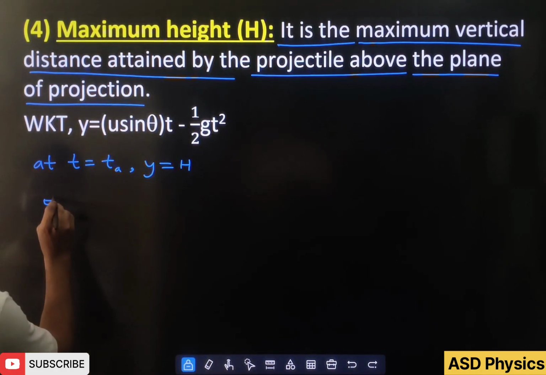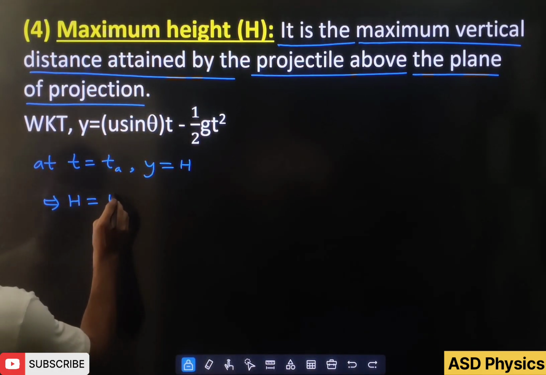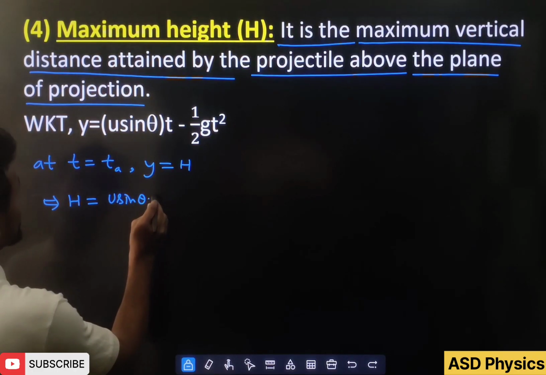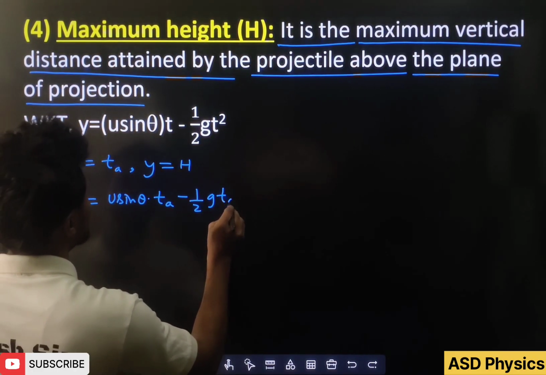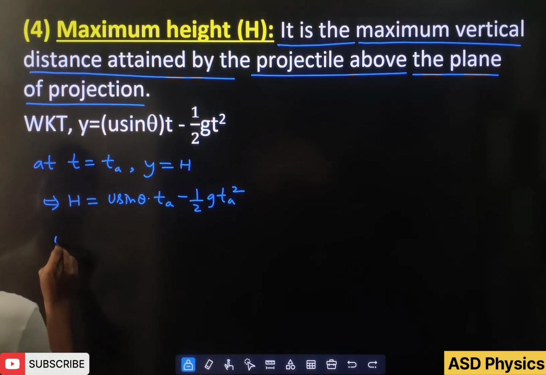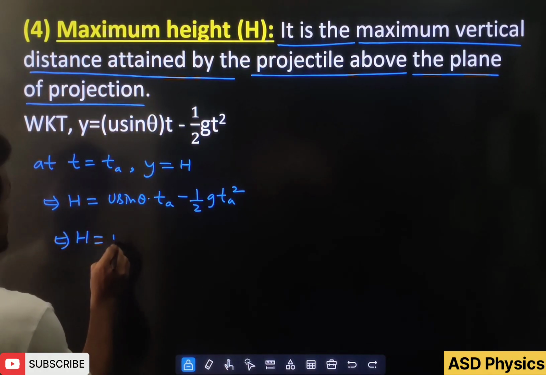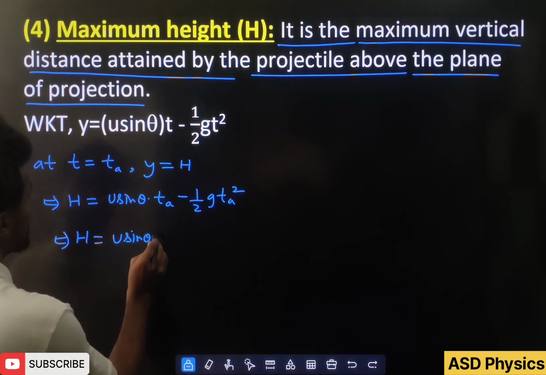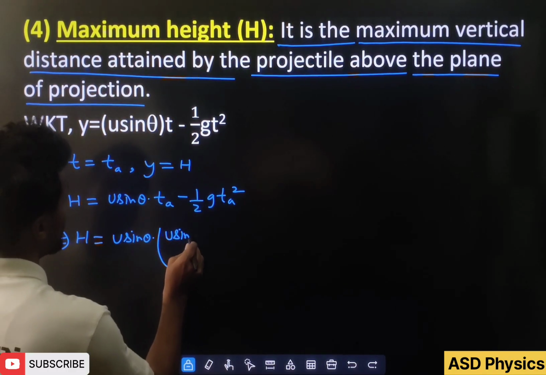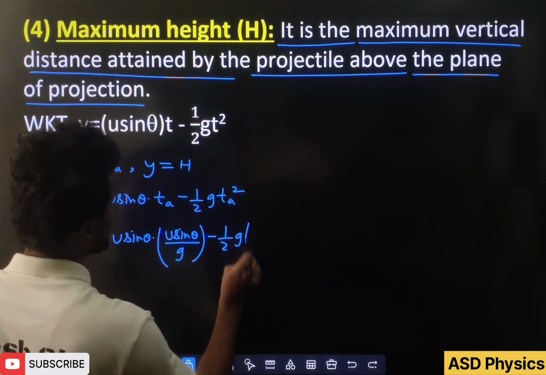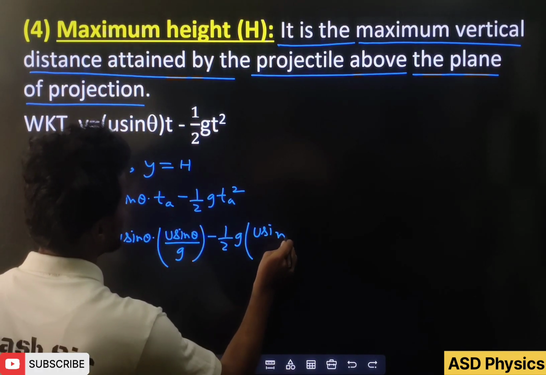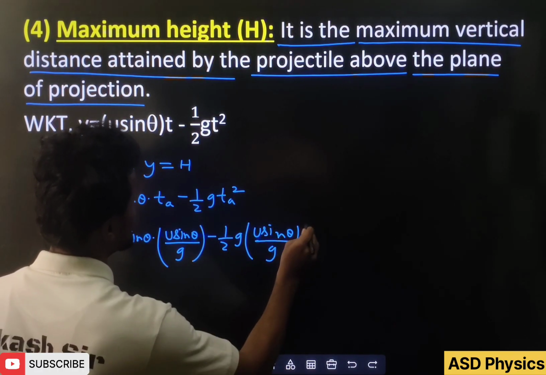So I can write h equal to u sin theta into ta minus half g ta square. Now put the value of ta: h equal to u sin theta into u sin theta by g, minus half g into u sin theta by g whole square.